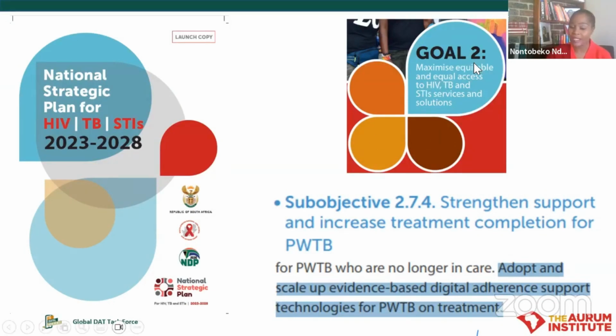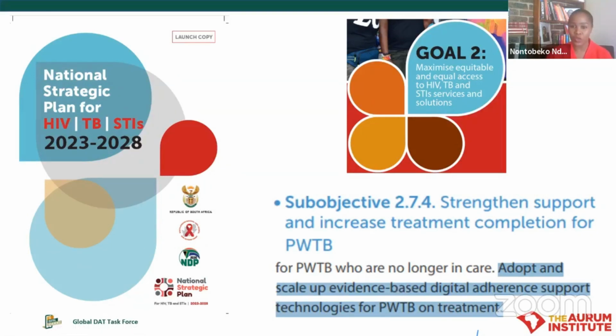So I just highlighted goal number 2 because it speaks to what we are busy implementing, which is digital adherence technologies. Goal 2 speaks about maximizing equitable and equal access to HIV, TB, and STI services and solutions. And under goal 2, 4 speaks about strengthening support and increasing treatment completion for people with TB.